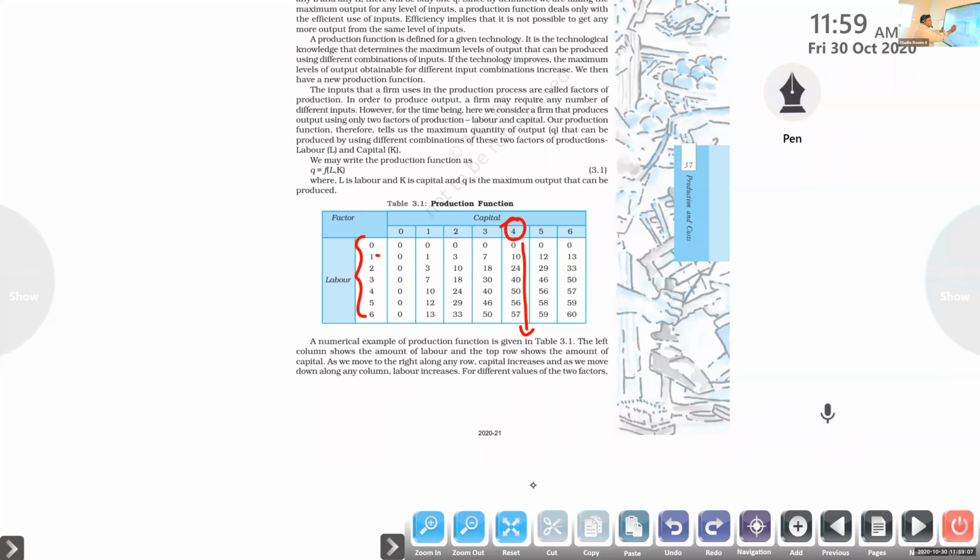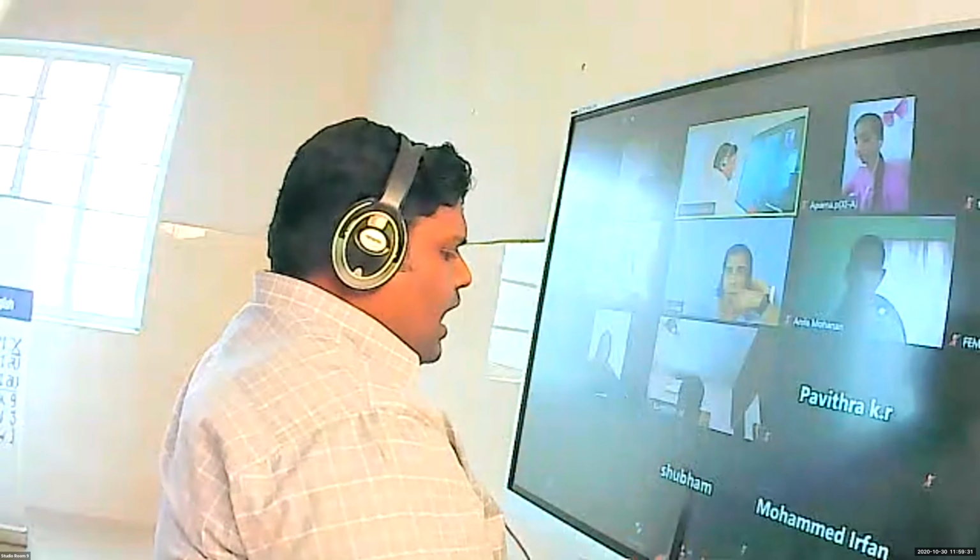For each single additional unit of labor, 1, 2, 3, 4, 5, 6, the total product changes like 10, 24, 40, 50, 56 and 57. Is that idea clear? Making changes in one input definitely reflects on the total output. Keep that idea in your mind.